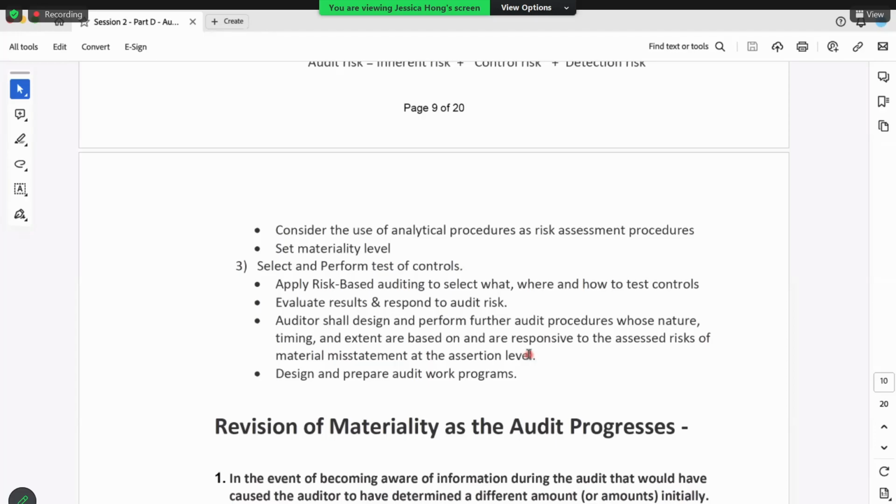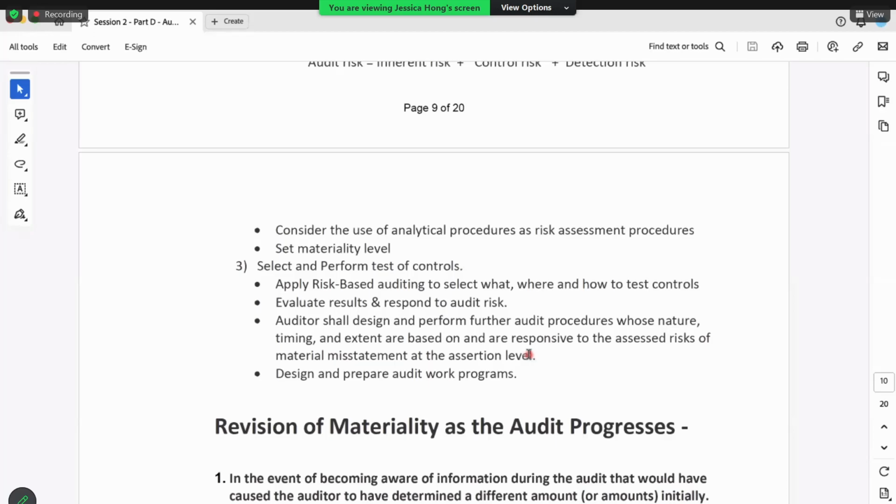Based on that, auditors are supposed to respond to this audit assessment. Okay, the test of controls is an important step during audit planning to give the auditor an understanding of whether the internal controls are working or not.